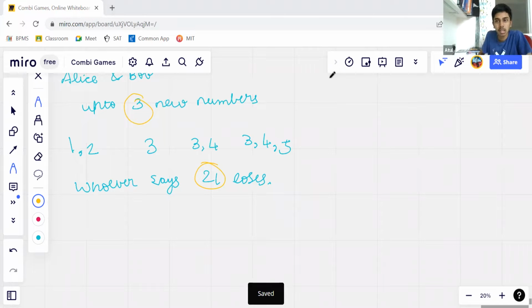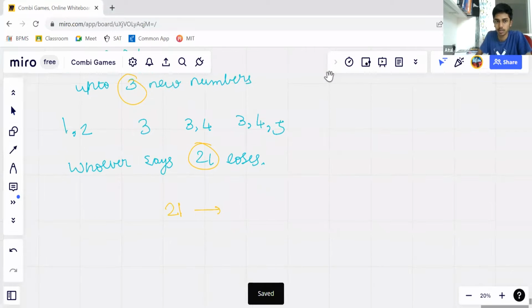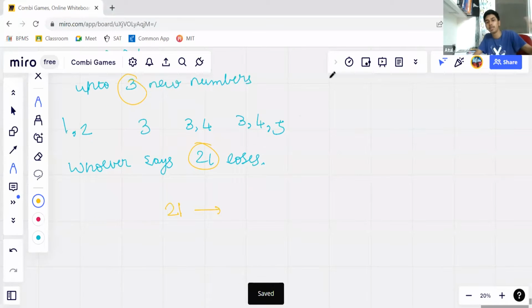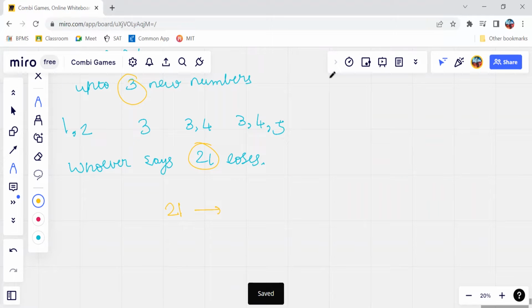So let's think of it this way. 21, is it a P or N position? Recall that P means the player who just played wins, and N means the player who's going to play just wins. It's in P position.